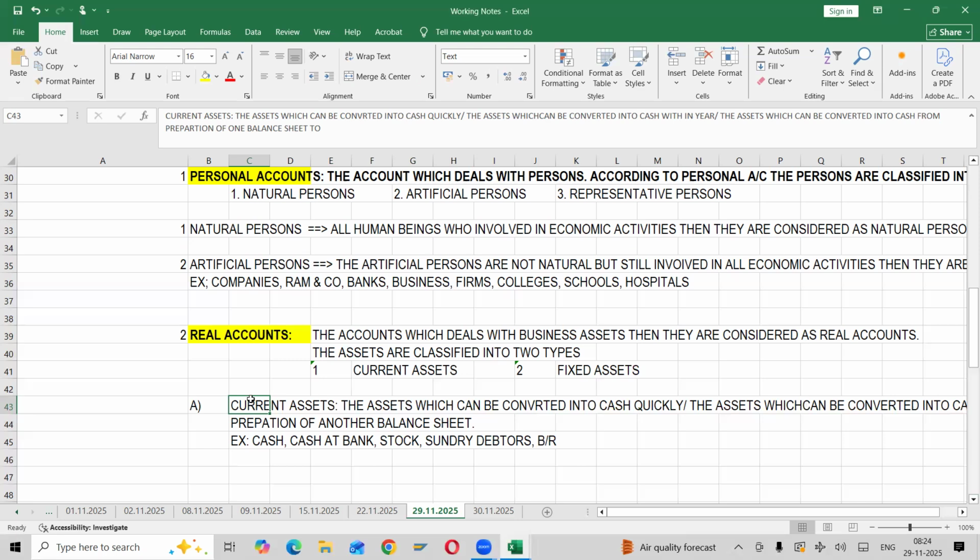See, I purchased a building, right? Can't I convert it into cash within a year's time? Furniture or land, buildings, whatever you call, can't I convert within a year, almost all 365 days? So can't I convert those assets into current asset, cash?